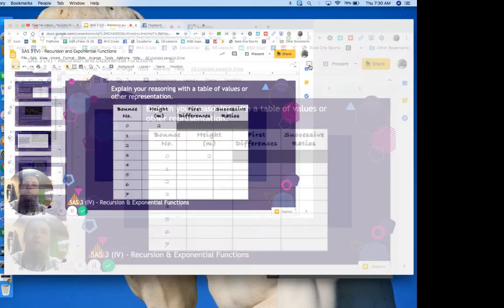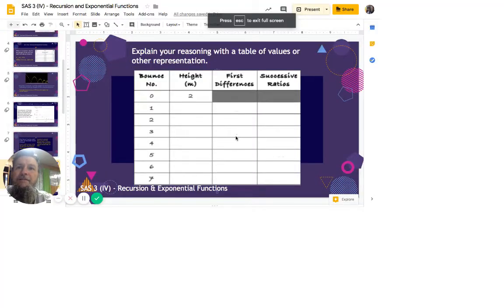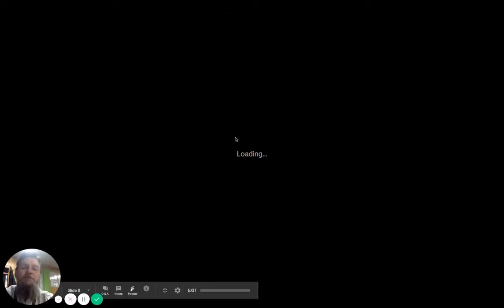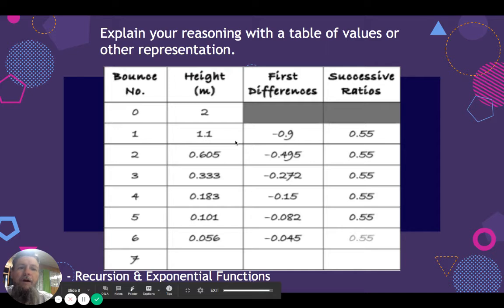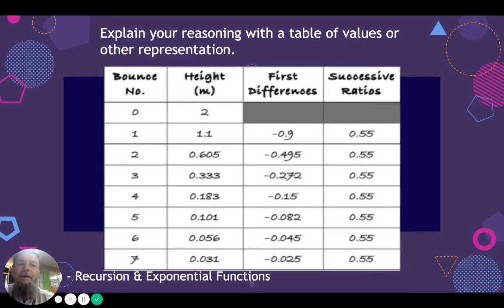We have the same percentage in the first differences that we have on the actual bounce. That's not strange. That's by design. And that's exactly how it works. All of these differences here have the same ratio as the differences in the bounce.